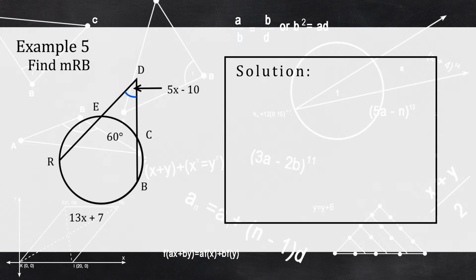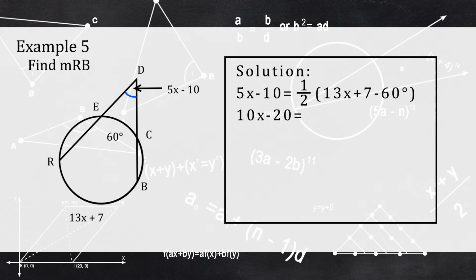Applying the theorem, we have the equation 5x minus 10 is equal to 1/2 times 13x plus 7 minus 60 degrees. Multiplying both sides of the equation by 2, we have 10x minus 20 is equal to 13x plus 7 minus 60, or 13x minus 53.